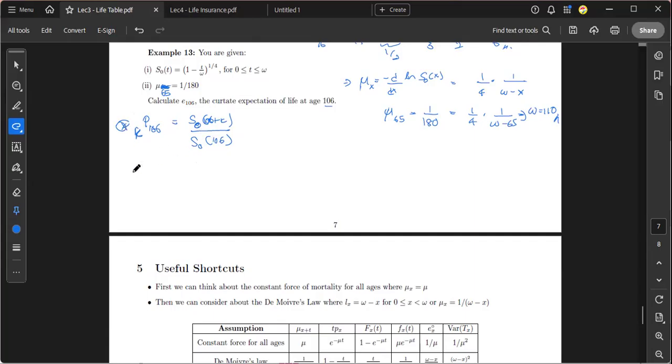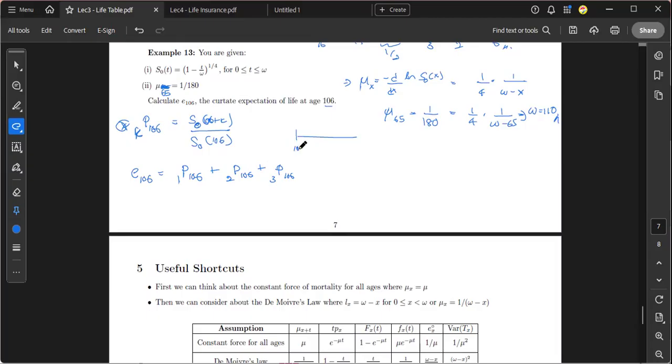And the definition for the curtate expectation is the summation of p 106 for 1 year plus p 106 for 2 years plus p 106 for 3 years.